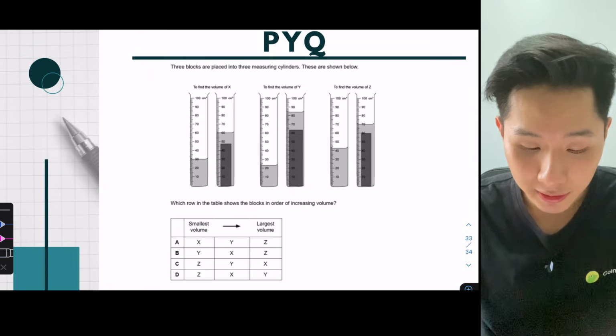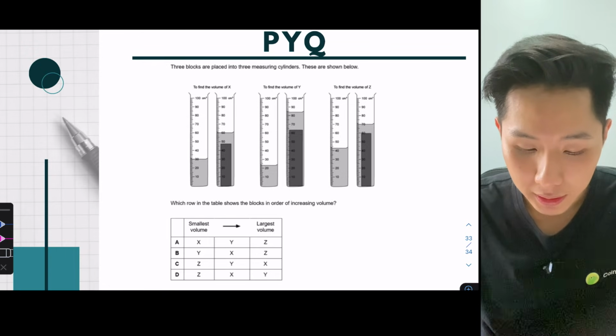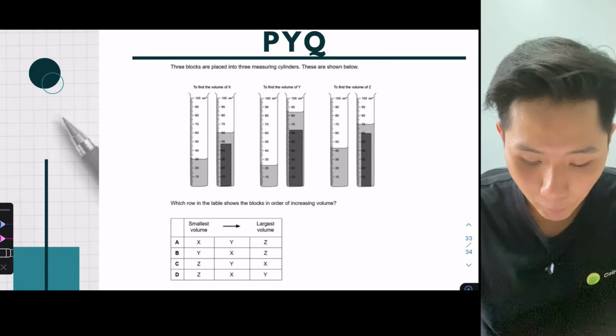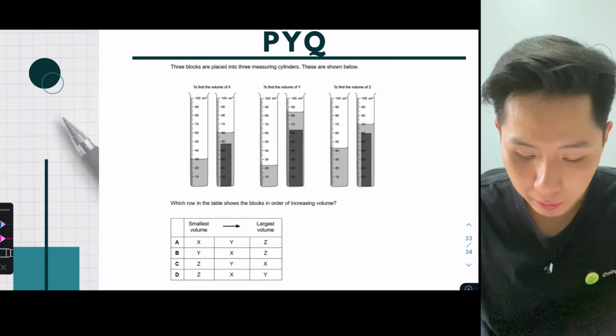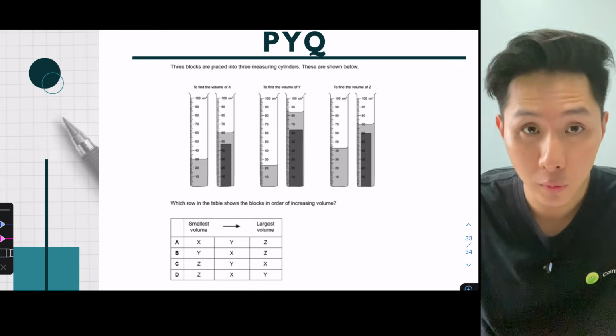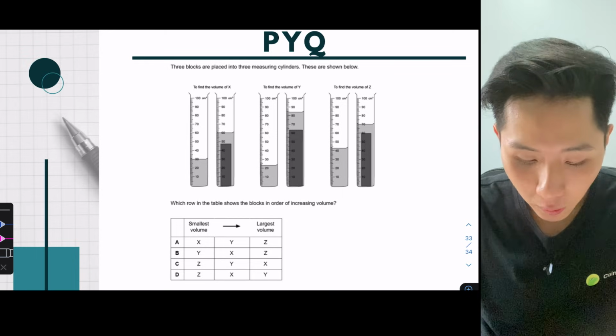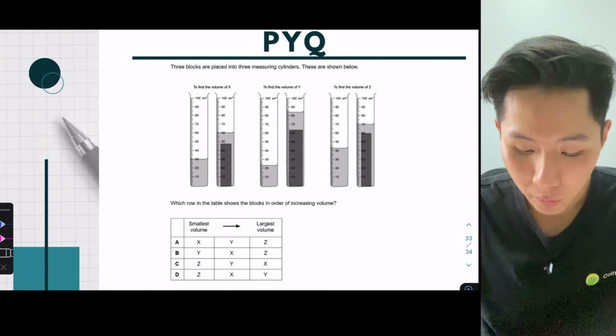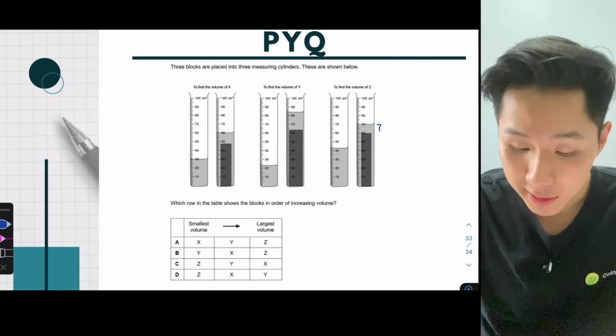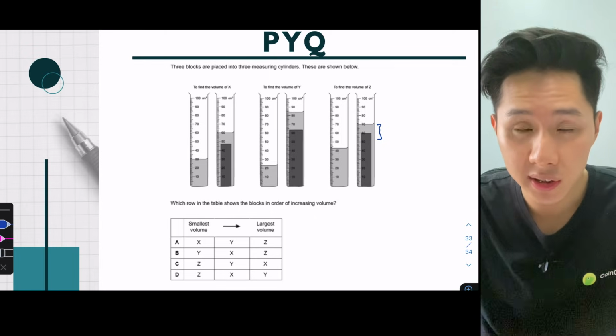And last question, 3 blocks are put into 3 measuring cylinders, and these are shown below. Which row in the table shows the blocks in order of increasing volume? We can just check which measuring cylinder has the lowest increase in volume.